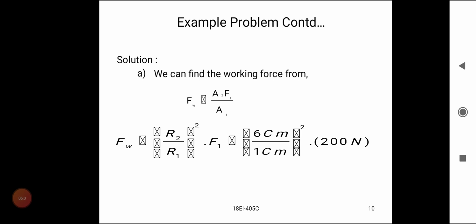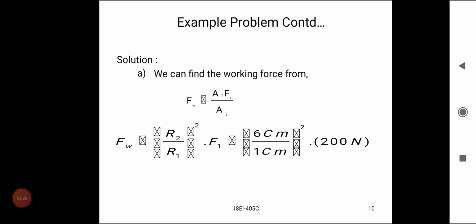Here R2 is the radius of the working piston and R1 is the radius of piston A1.